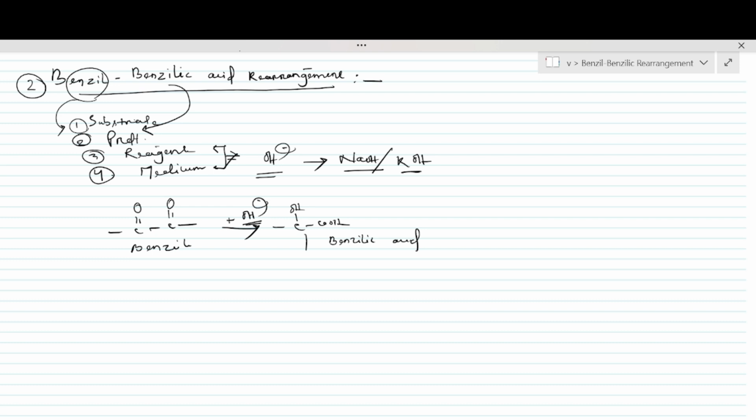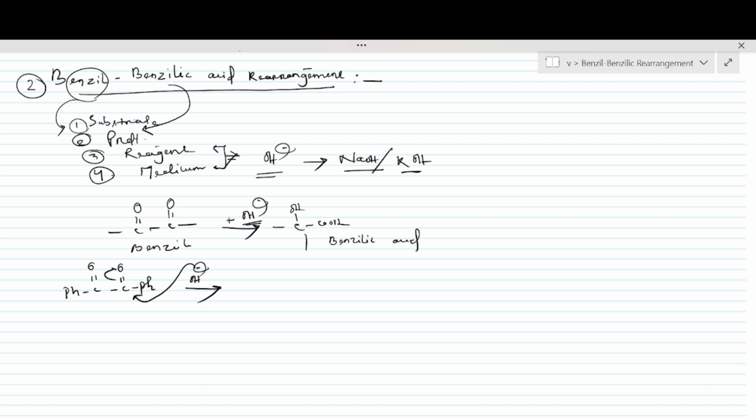Okay, so what is the general mechanism? Let's take an example and discuss the mechanism of the reaction. This is benzil in presence of hydroxide ions. What happens? The hydroxide ion attacks the carbonyl group.